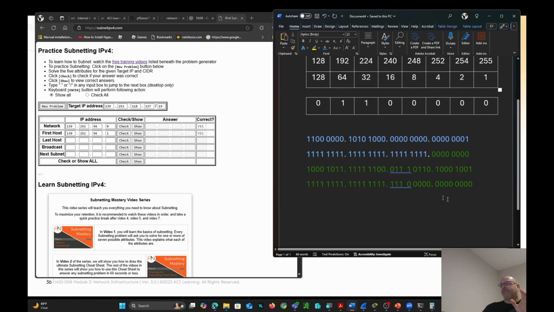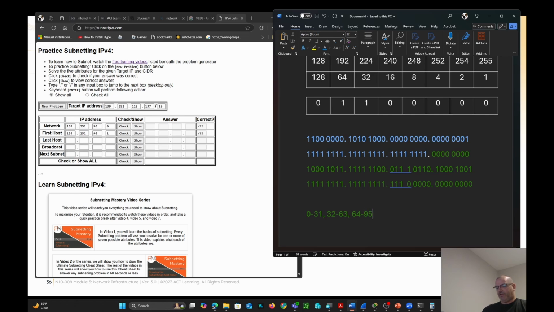Remember, we start counting at 0, so 0 to 31 is 32 addresses, and then 32 to 63 is 32 addresses. Now we're going 64. Off the top of my head, what is that? 96, I think.